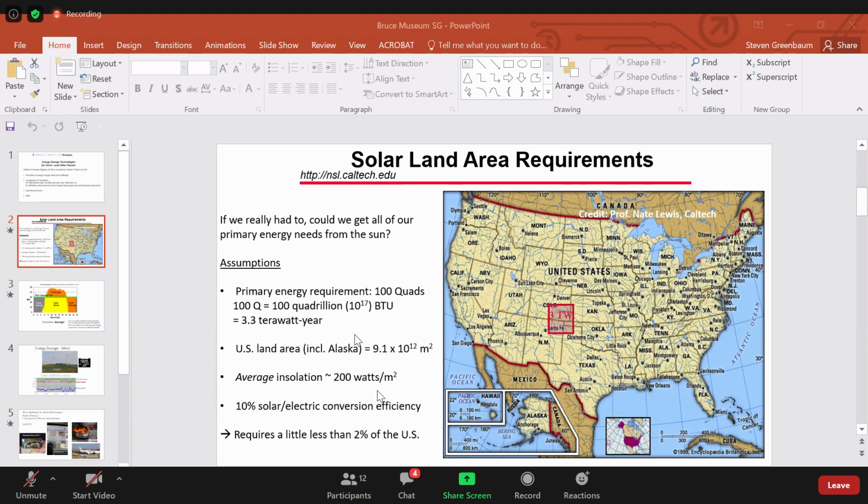If we wanted to generate all our primary energy with only about 10% efficiency of converting solar energy to electricity, we could do it with this little 3 terawatt square over here. This is just an extreme application of the idea that light carries energy, right?